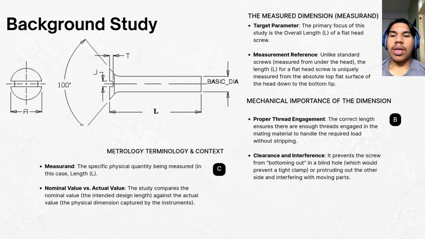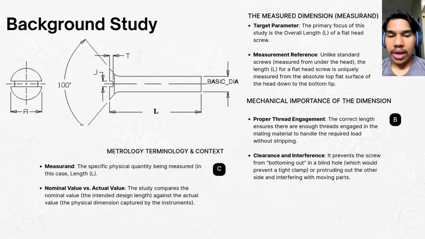And lastly, we take a look at the metrology terminology and context. Measurement is basically the specific physical quantity being measured, in this case length, from the flat surface up to the tip of the screw. After that, we will be looking at the nominal value versus the actual value.